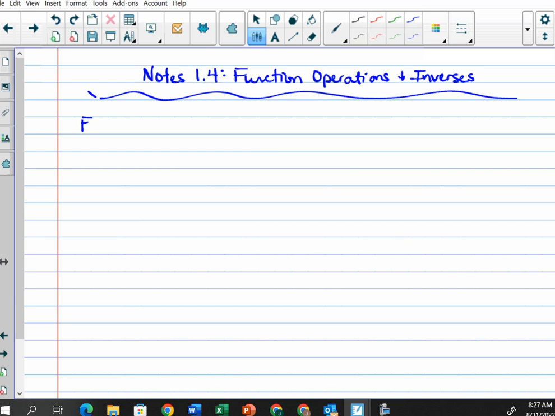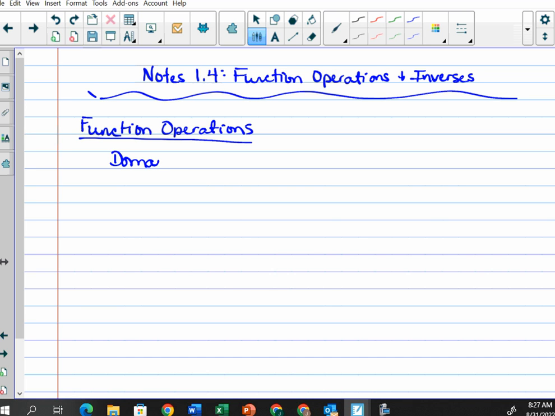Right, guys, so with function operations, what about the domain? We have to be able to evaluate when we do operations with our functions.